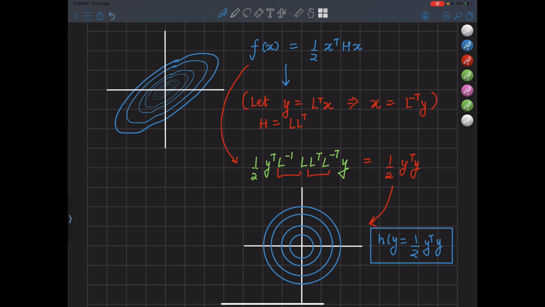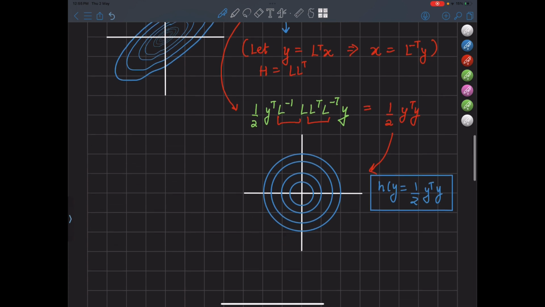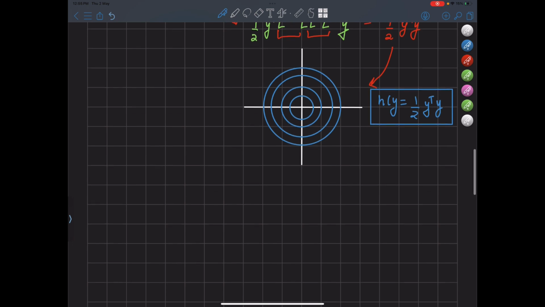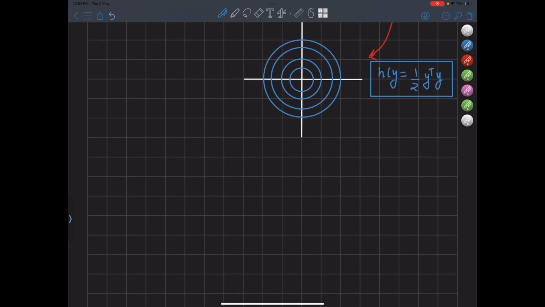Given this transformation of the space or the coordinates, what was the update step for our steepest descent algorithm? x_{k+1} is equal to xk minus H inverse gradient of f at xk.